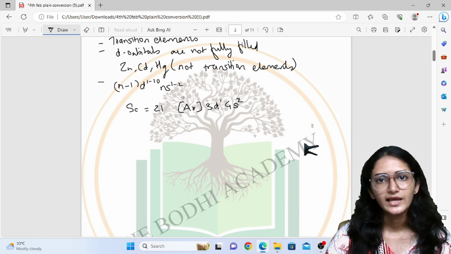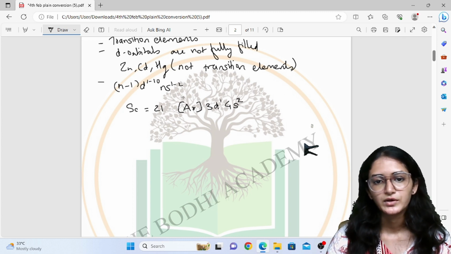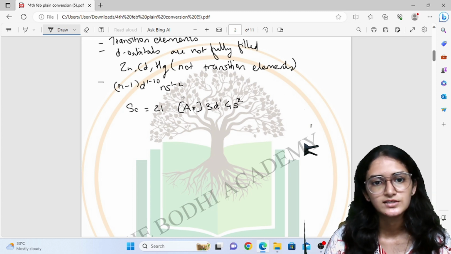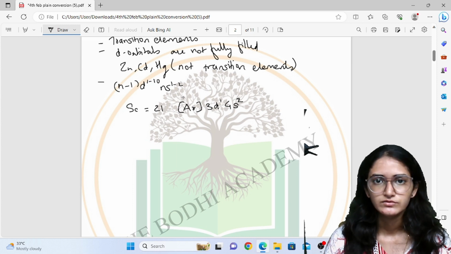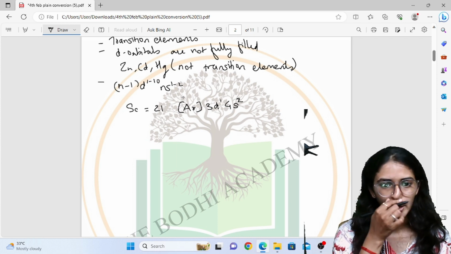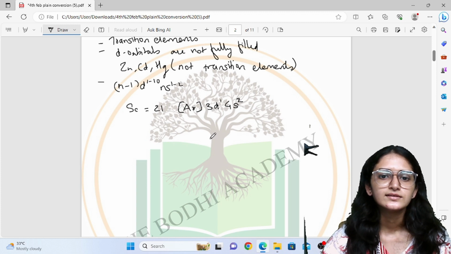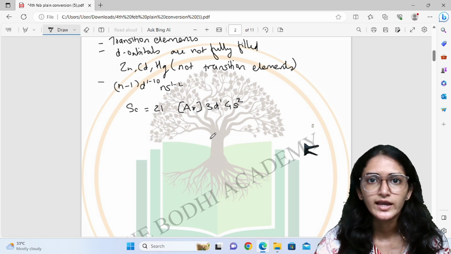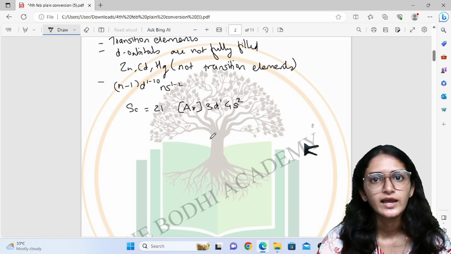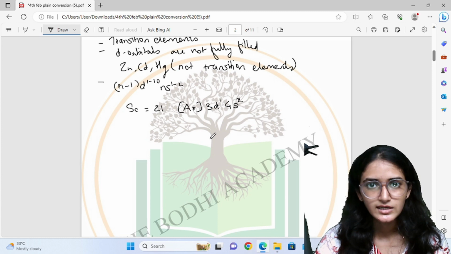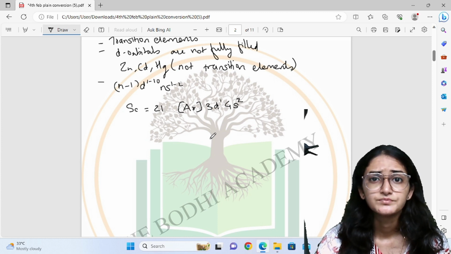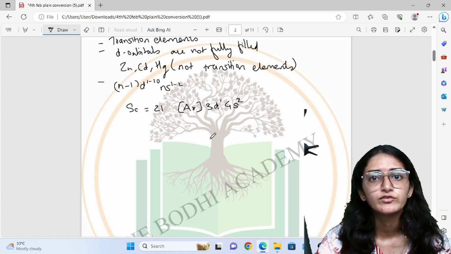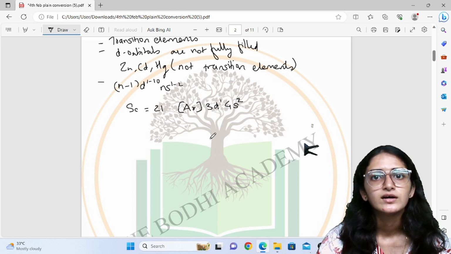Later on, for the 4d series and 5d series, we have some configurations that we will not discuss here in detail because we have to solve the worksheet. Another important thing is their trends: how they vary across the period and across the group, atomic size, oxidation state, and their different properties.